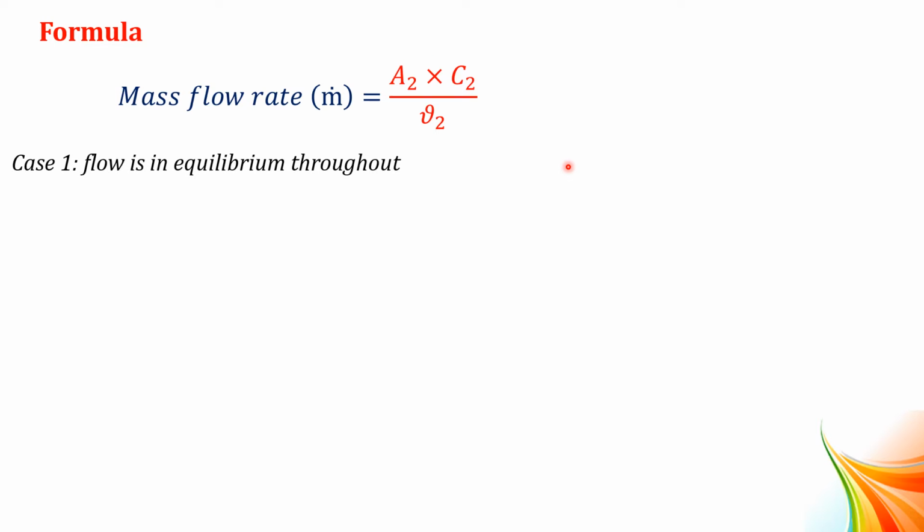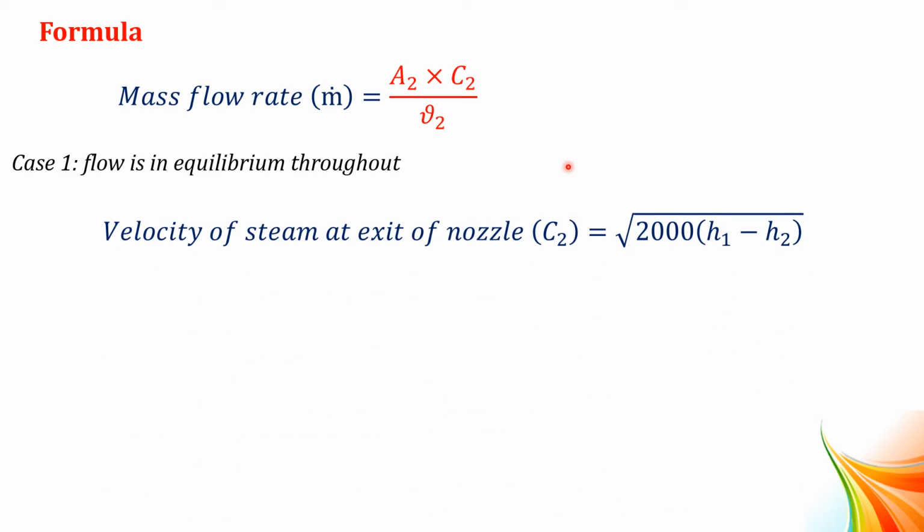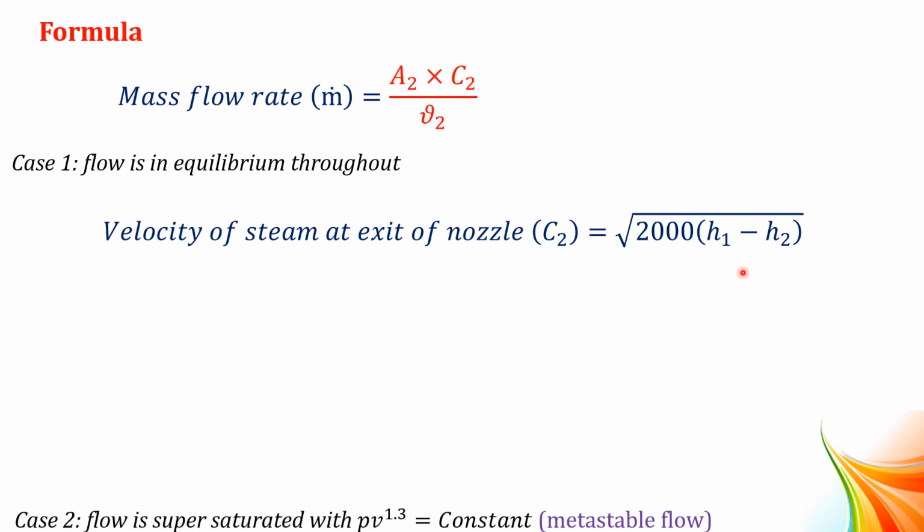If the flow is equilibrium throughout, then the velocity of steam at the exit of the nozzle C2 equal to square root of 2000 into H1 minus H2.